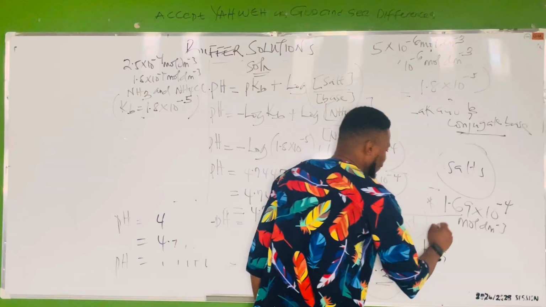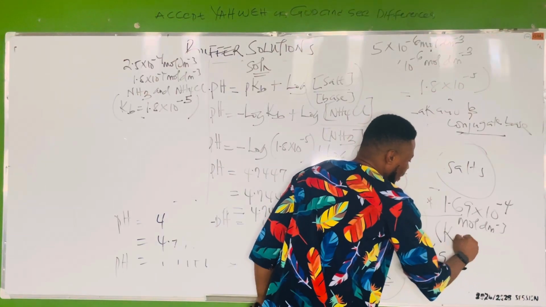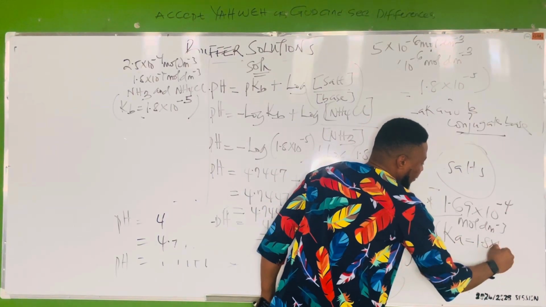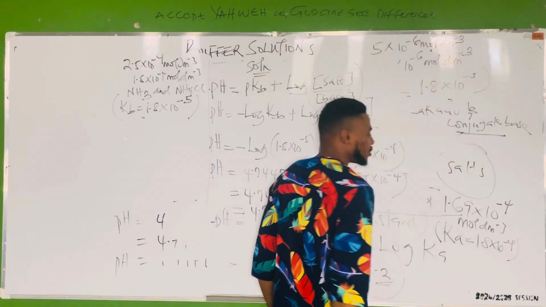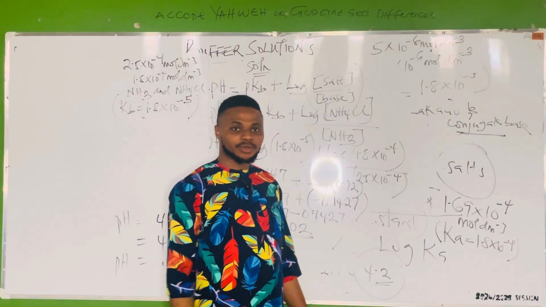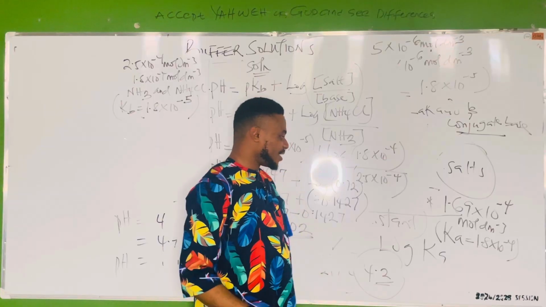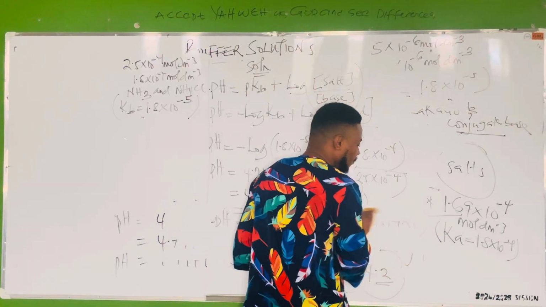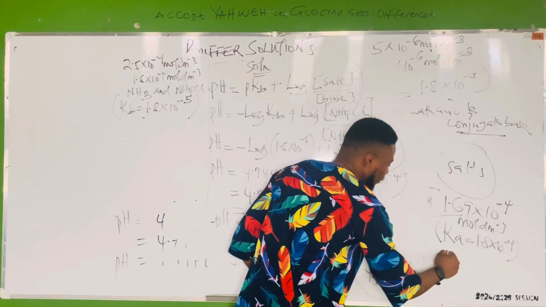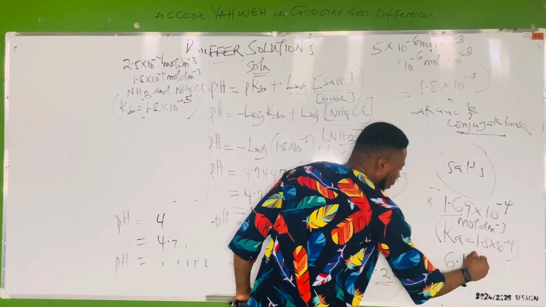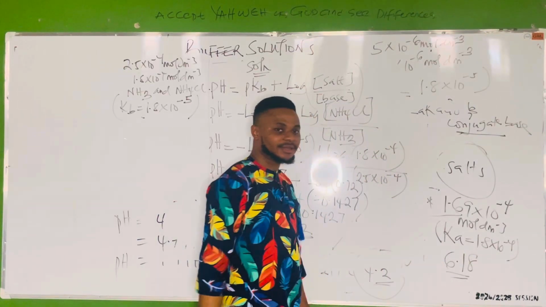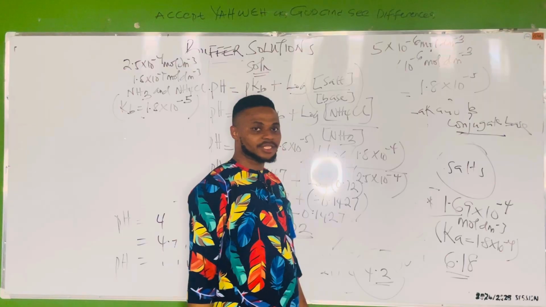In brackets, you say Ka equal to 1.8 times 10 raised to power minus 4, close the bracket, given that the pH of the buffer solution is 6.18.